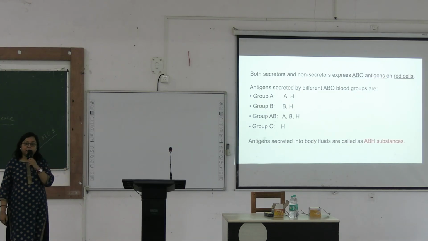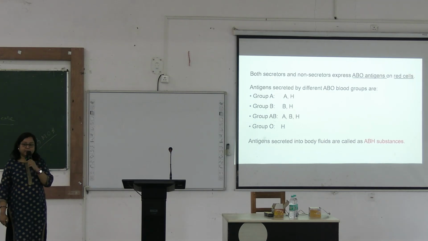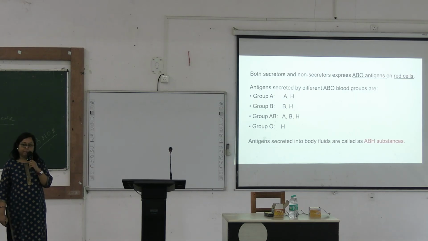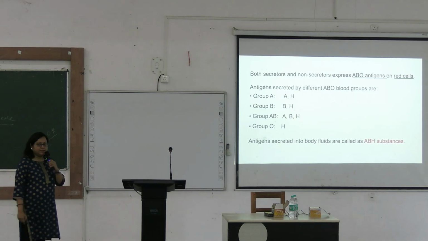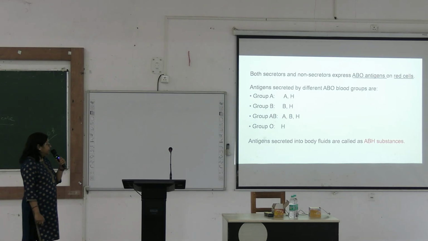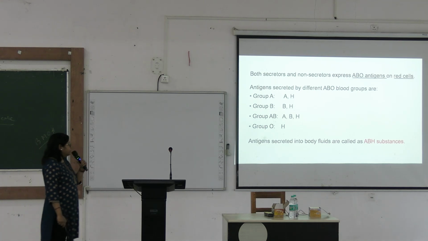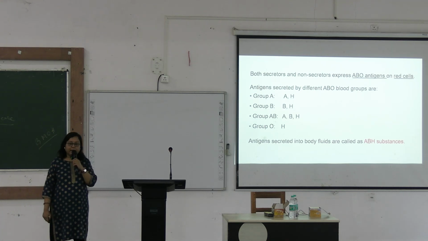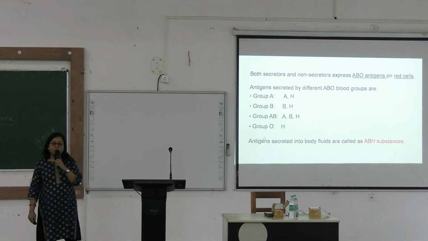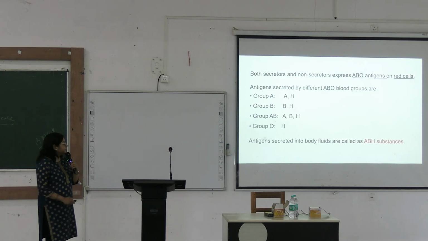Antigens secreted by various ABO groups are: in case of group A, A and H; in group B persons, B and H; in persons with AB blood group, A, B and H; and in persons with group O, only H is secreted. Antigens secreted into body fluids are known as ABH substances.